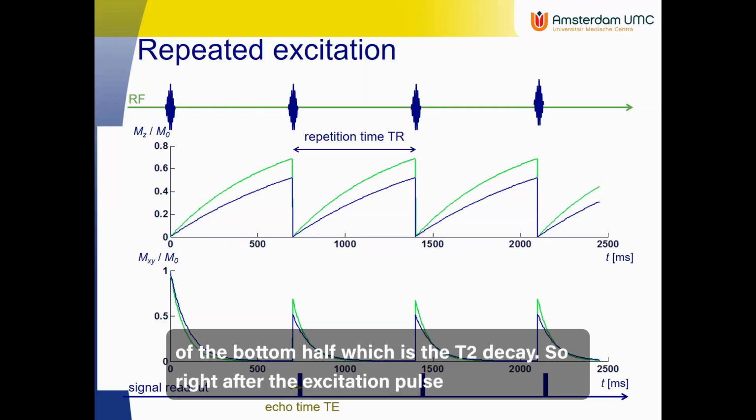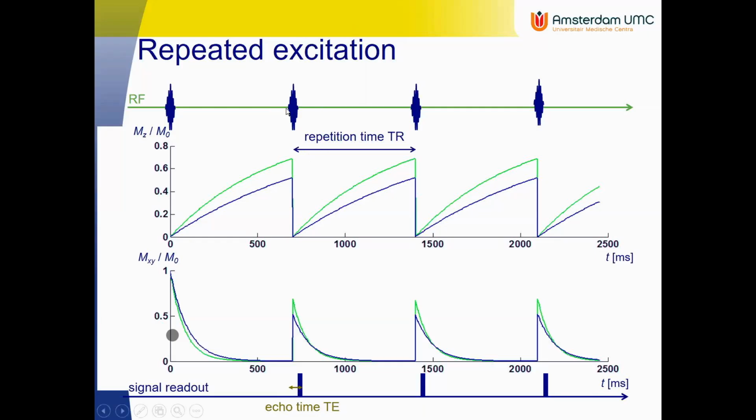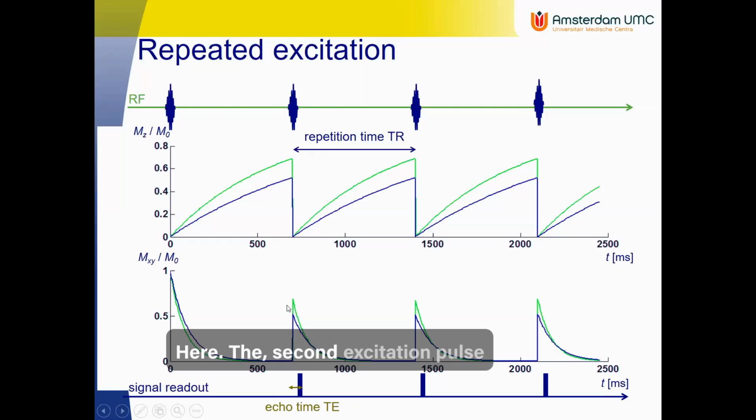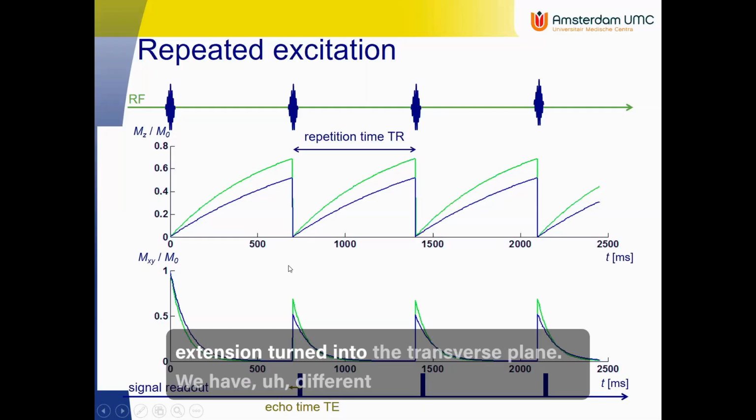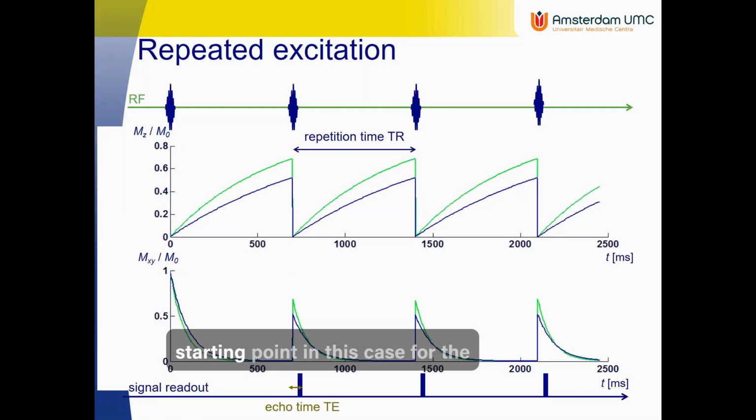Right after the excitation, we have the transverse and the longitudinal magnetization. We have a different starting point in the gray matter and the white matter, but we take the length of this longitudinal vector, we rotate it, and it starts decaying in the transverse plane.